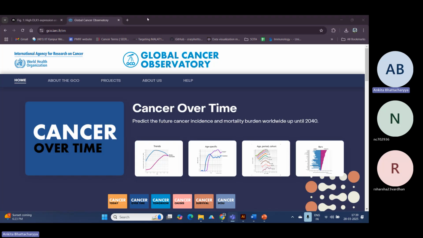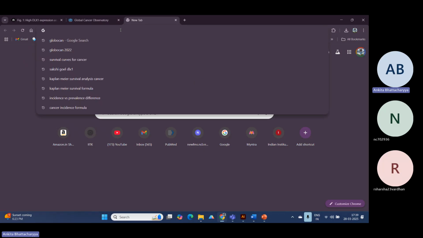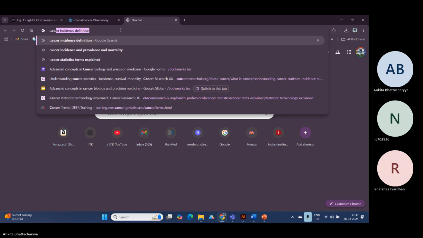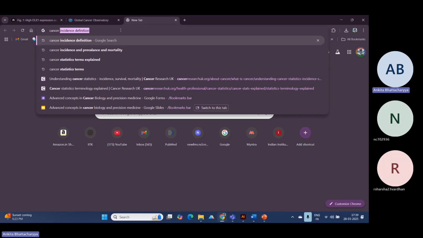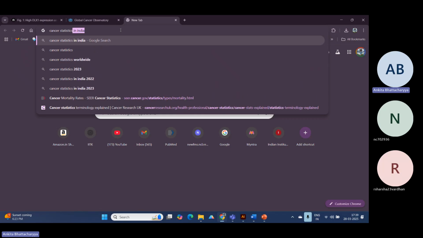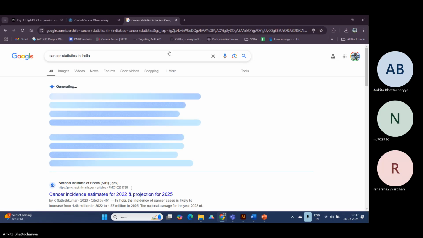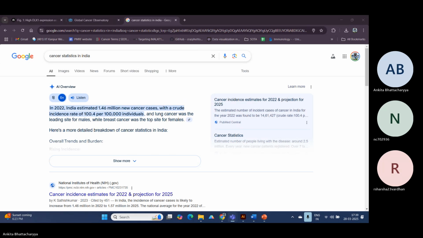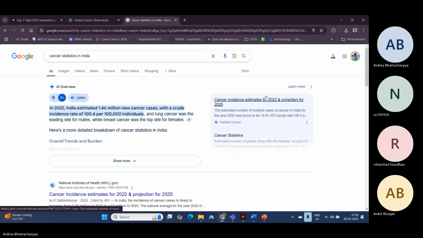To figure out where this information is gathered from, you can search cancer statistics. Yeah.